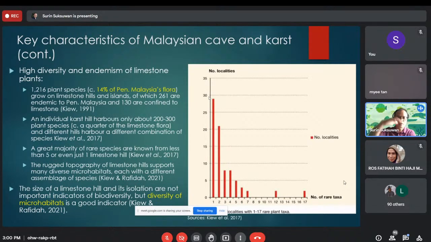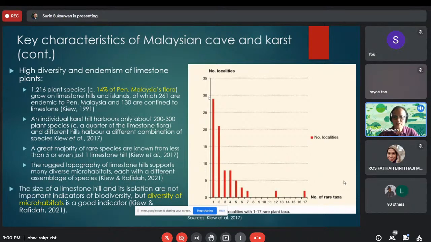It could be an overhang, it could be under the cracks, it could be in the very shaded areas. Some areas are more moist, some areas are dry, and so on, right? So there's a diversity of microhabitat. So we want to protect those hills that have a lot of diversity of microhabitat. They are likely to have more plant species and more rare plant species as well.